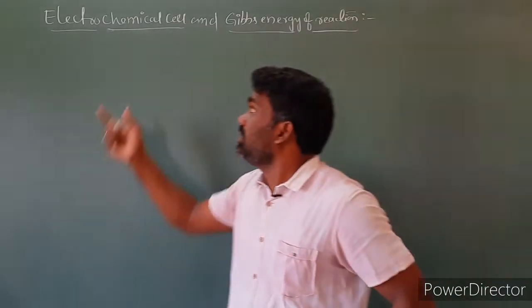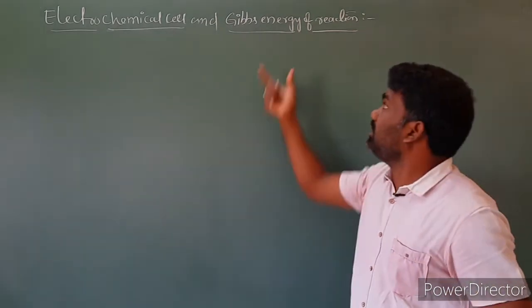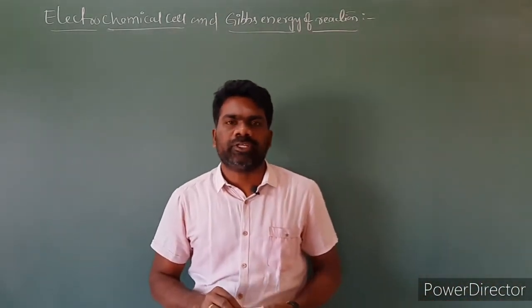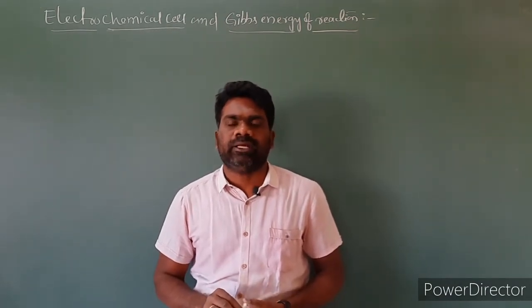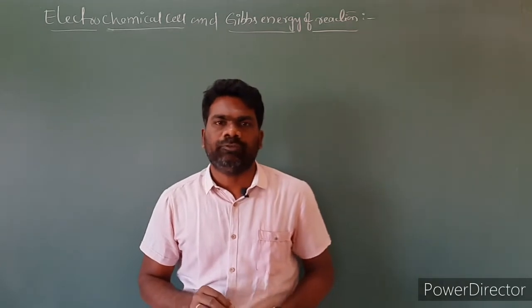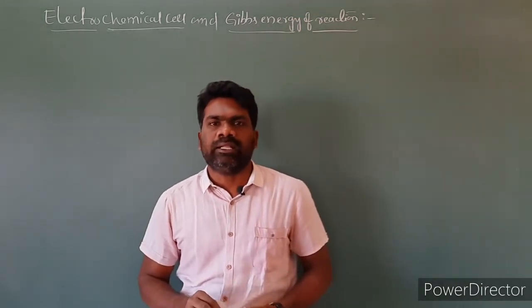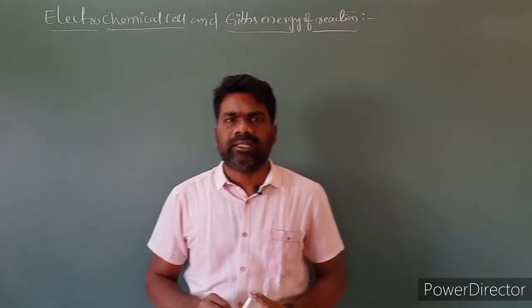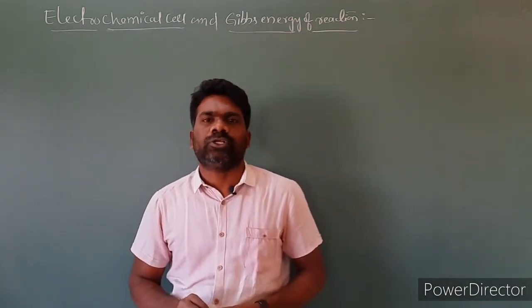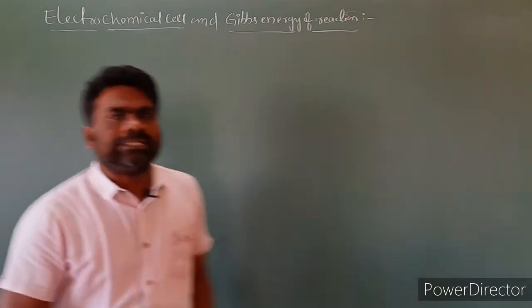Next topic is electrochemical cell and Gibbs energy of reaction. Now we have to derive an equation for the relationship between the standard Gibbs energy and the standard potential of the cell. The work done in a galvanic cell in 1 second is equal to the electrical potential multiplied by the total charge passed. What is the meaning of this statement?